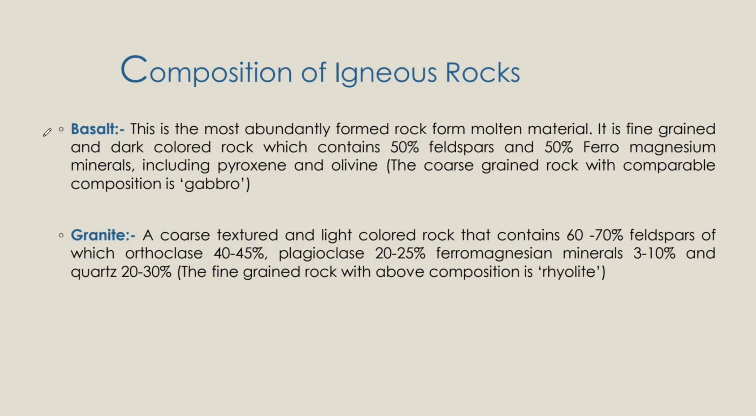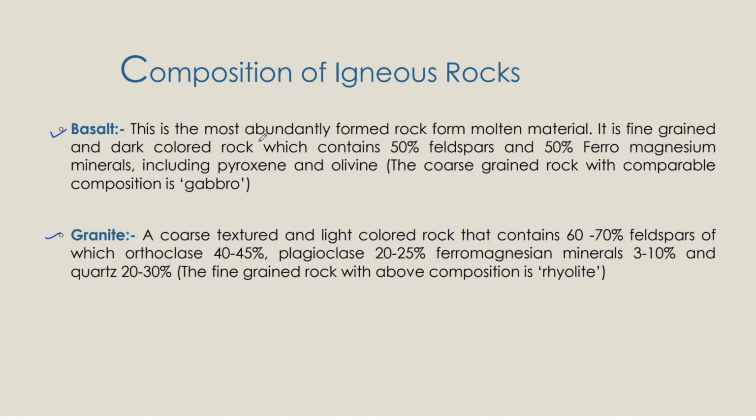So there is basalt and also there is granite. Basalt is the most abundantly formed rock from the molten material. It is a fine-grained and dark-colored rock which contains 50% feldspar and 50% ferromagnesian minerals, including pyroxene and olivine.